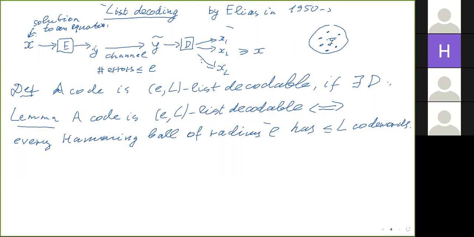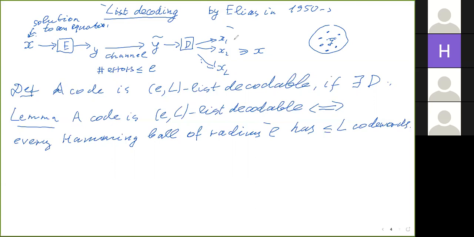So we encode our solution and transmit it through the channel. The algorithm D will output a bunch of candidates. Some of them is our solution. And on receiving this list, we can just plug all of them into our equation and find out which is a solution. It might happen that several of them are solutions, but we do not care which solution we obtain.